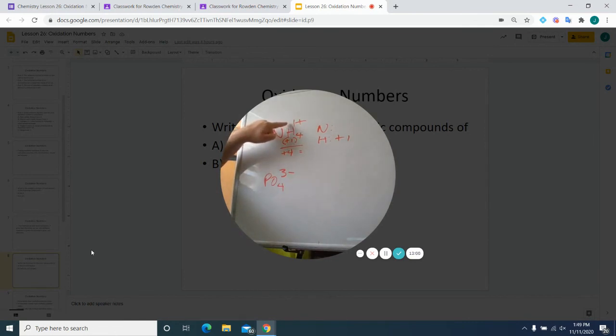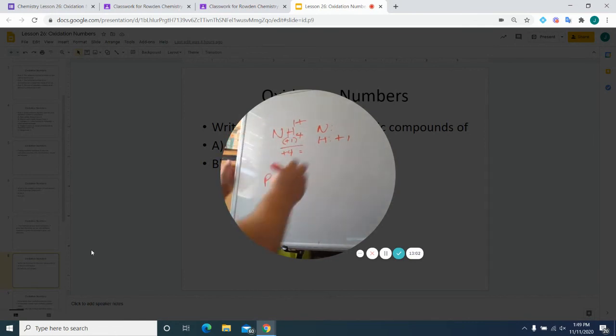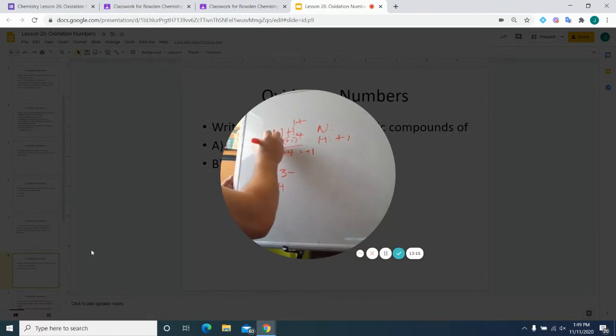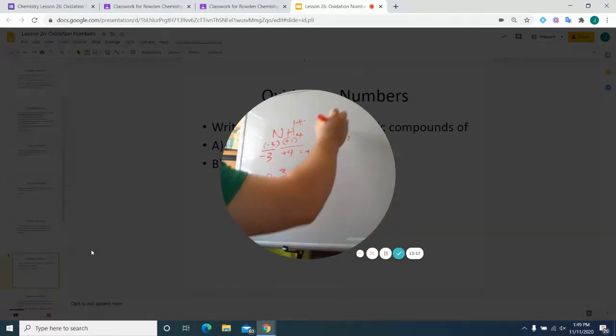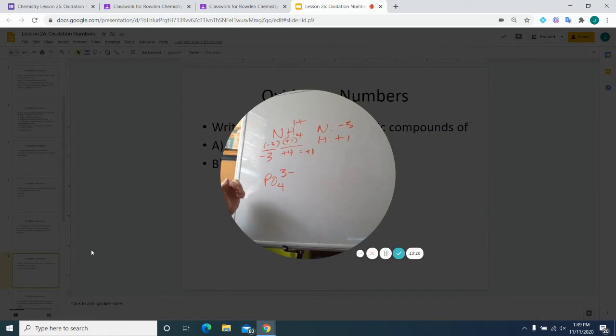So it's 1 plus. So we need to get it to a charge of positive 1. So now nitrogen doesn't need to be negative 4 because you don't want to balance that out. You want to have plus 1 left over. So nitrogen needs to be negative 3. And there's only one nitrogen, so that single nitrogen has a negative 3 oxidation number. So negative 3 is what we get.